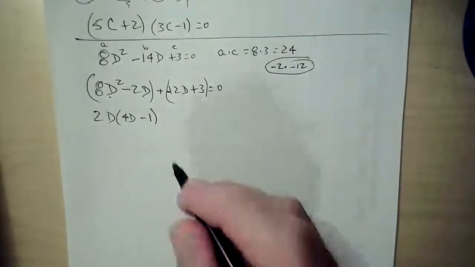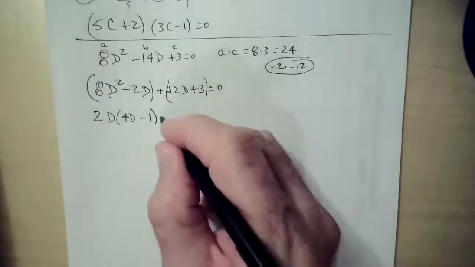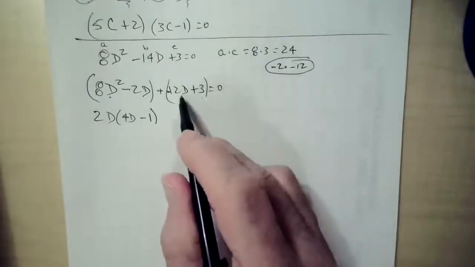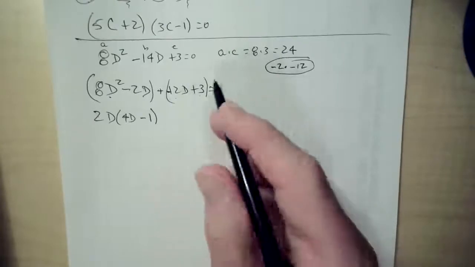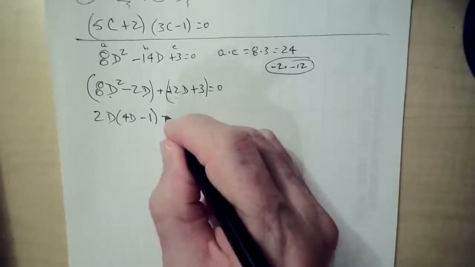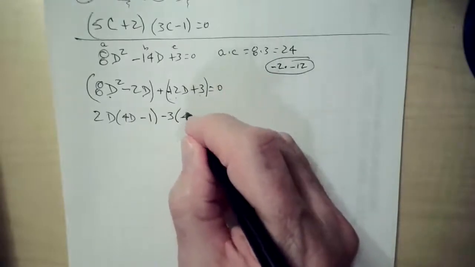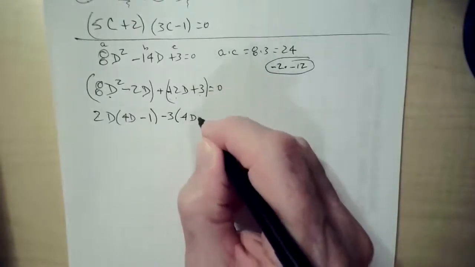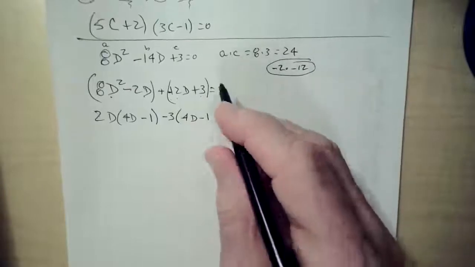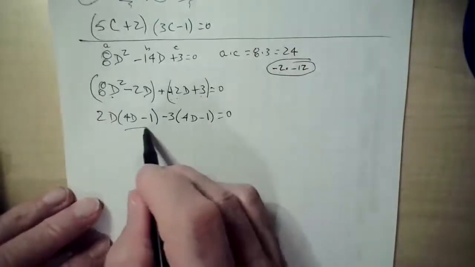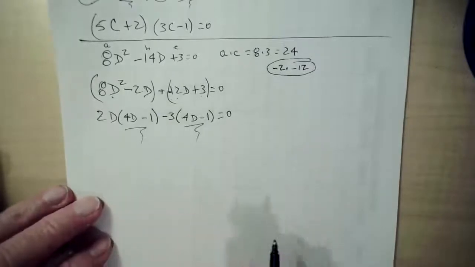This is actually, the negative is going to be in there, and that's going to be a plus. What can we factor out of here? Negative 3 times 4d minus 1 equals 0.